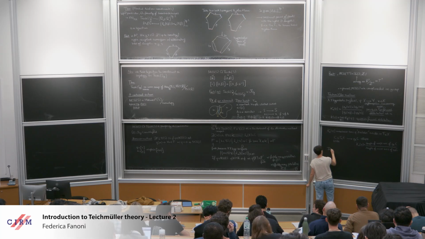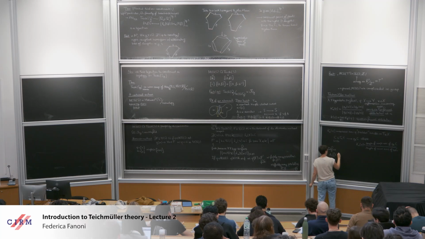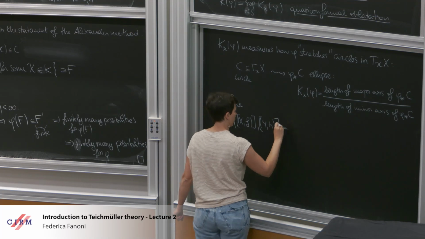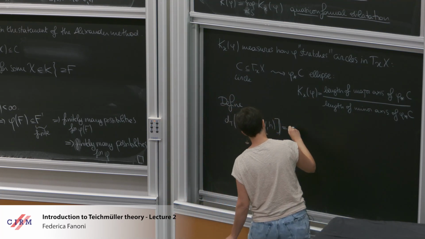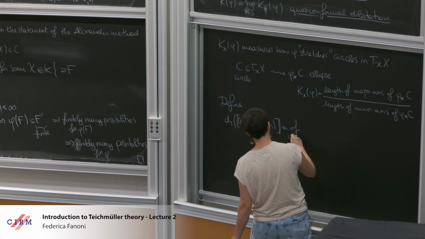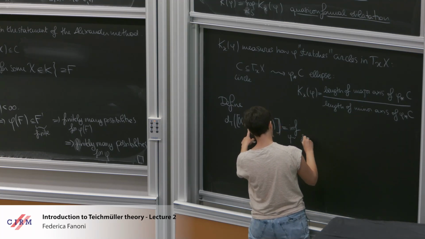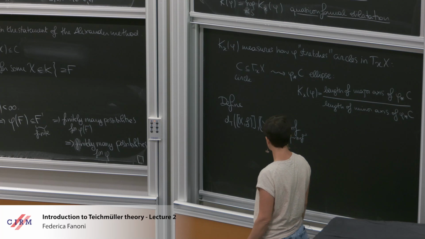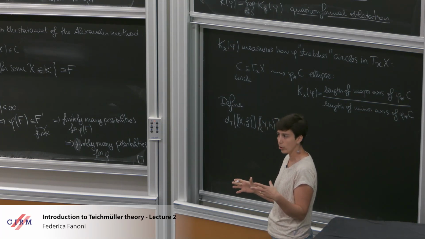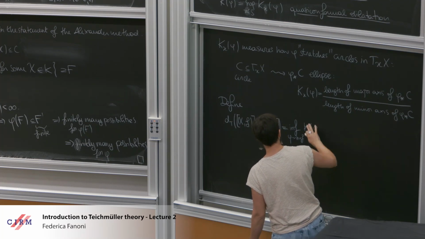So we define the distance between X with f and Y with h to be, this is Teichmüller's distance, the infimum over all phi as above, which are in the homotopy class of this specific map, of the quasi-conformal dilatation of the map.